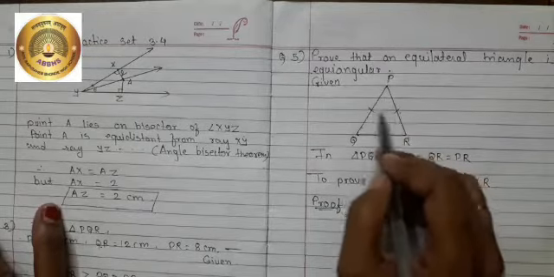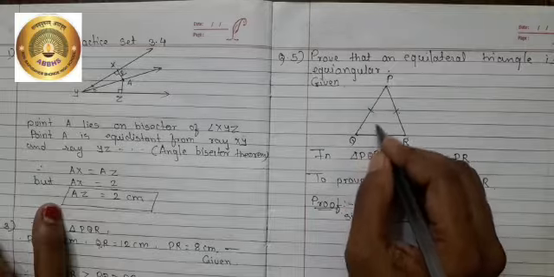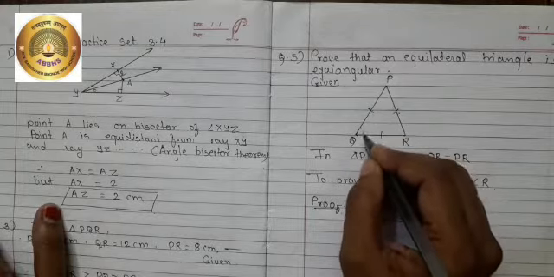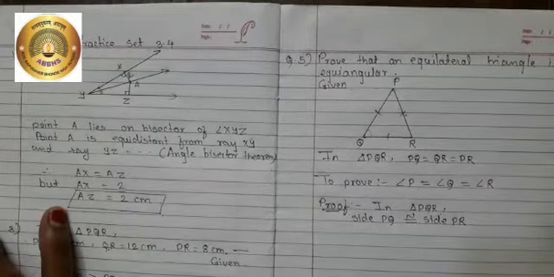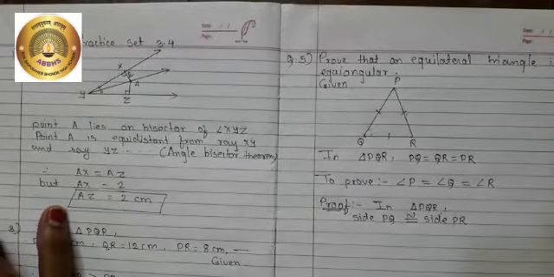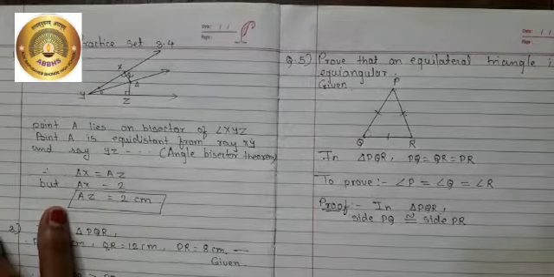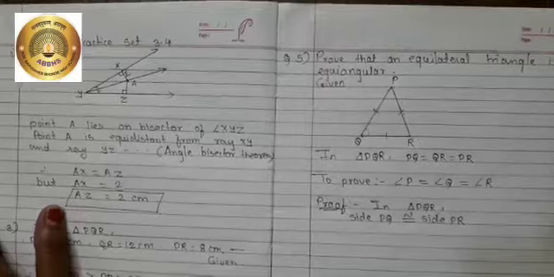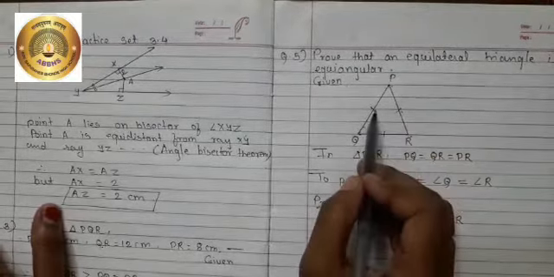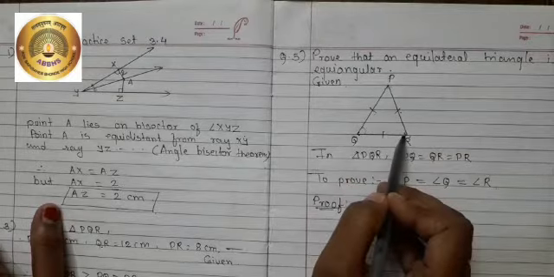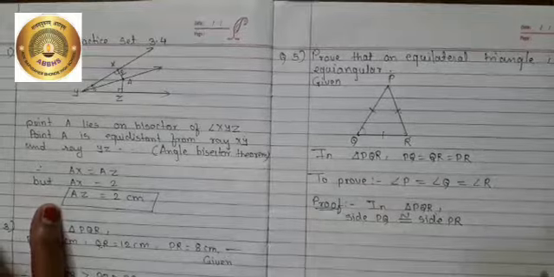So if the sides are equal, their opposite angles are equal because of the isosceles triangle theorem. We have seen it previously, that the angles opposite to the congruent sides are equal. So here if PQ is congruent to PR, the angle opposite to PQ is R and angle opposite to PR is Q. So these two angles are equal.